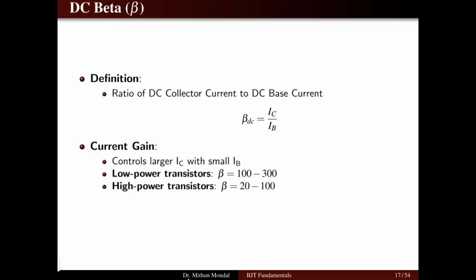The other term we will introduce is beta. Beta is the ratio of the collector current to the base current. Here beta is controlling the larger collector current with a small IB. Beta ranges from 100 to 300 for low power transistors and 20 to 100 for high power transistors respectively.